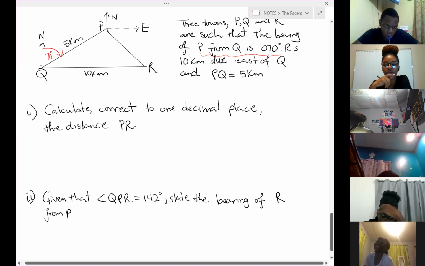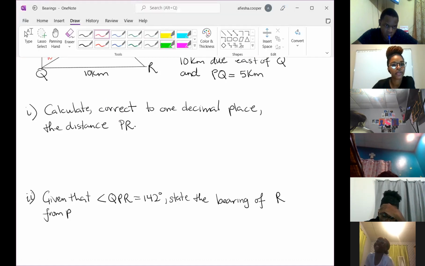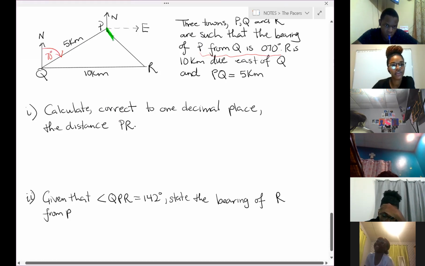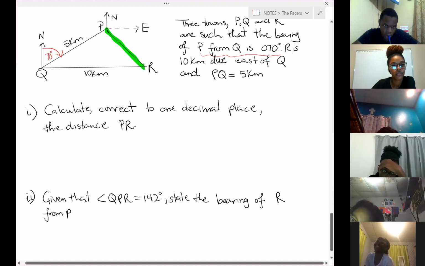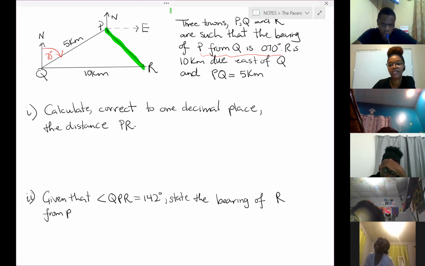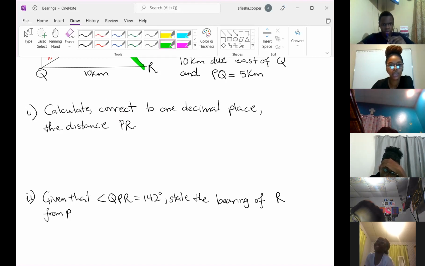Nice. So without me prompting you all, give me correct answers now. We're trying to find PR. Highlighting the line, this is the line we're trying to find. Somebody who has an idea.